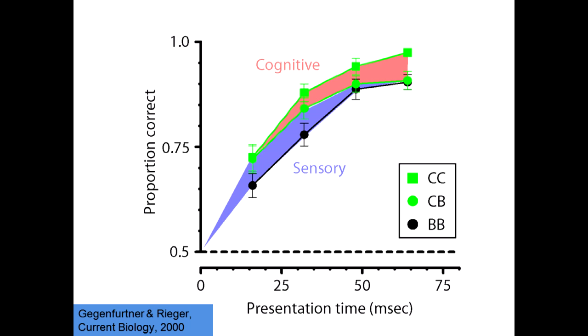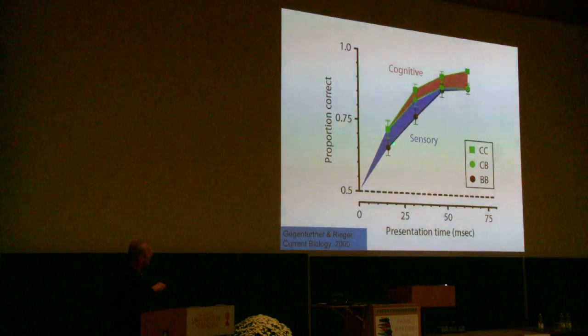And it doesn't matter whether the testing is done in color or in black and white. So the difference here must be due to sensory factors, and that color helps us to better recognize the objects and to segment the images.